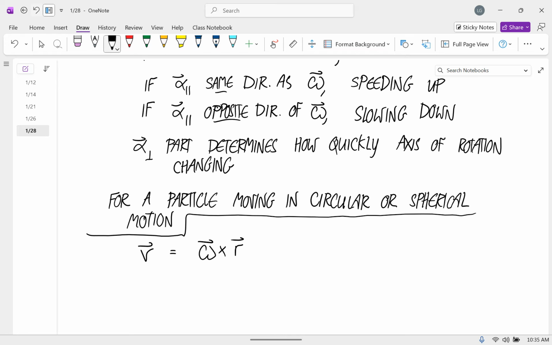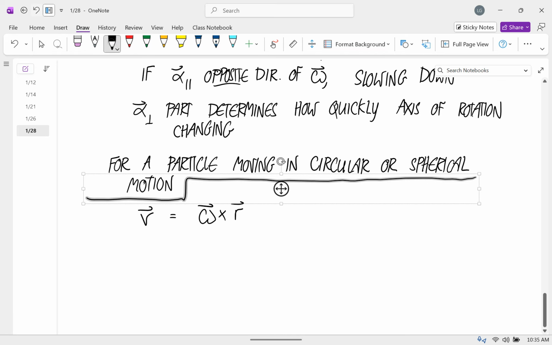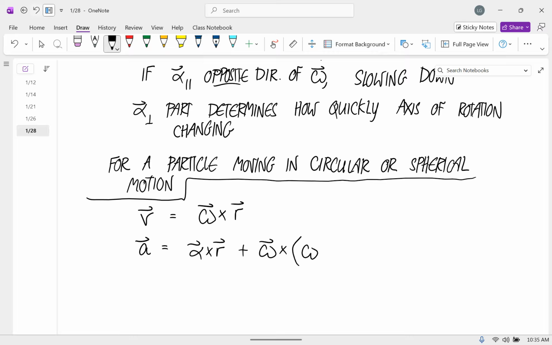And I'll be very specific about what these things mean in a second. And the acceleration of the particle is equal to alpha cross r plus omega cross quantity omega cross r.